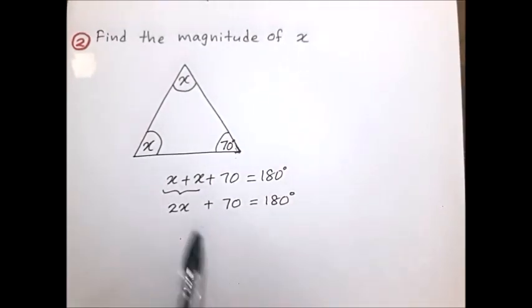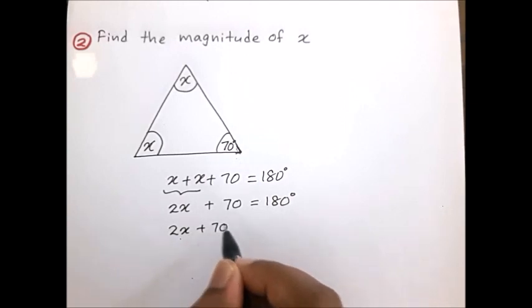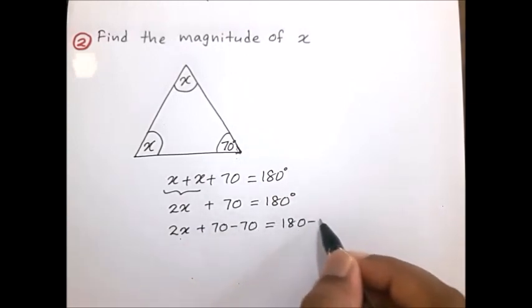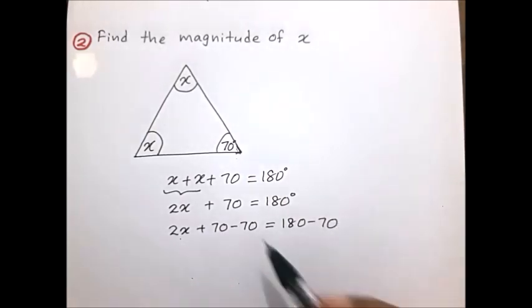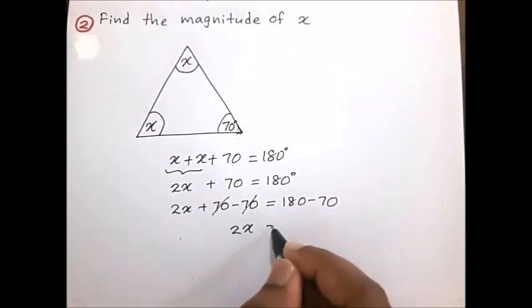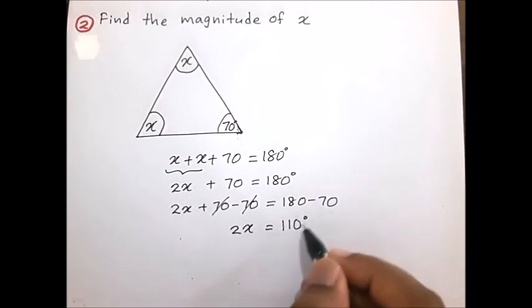Now you have to solve this equation. First remove plus 70. What is the opposite of it? It is minus 70. So subtract 70 from both sides of the equation. Plus 70 and minus 70 cancel. Here 2x remains. 180 minus 70 is 110 degrees.